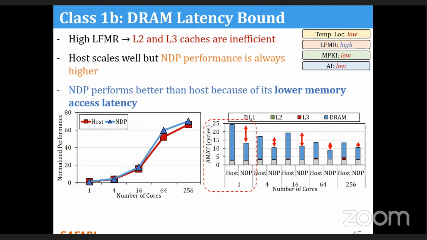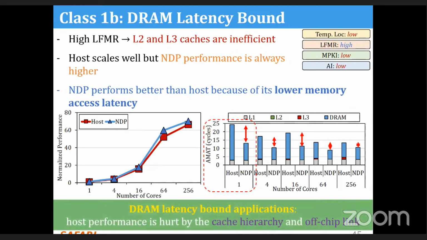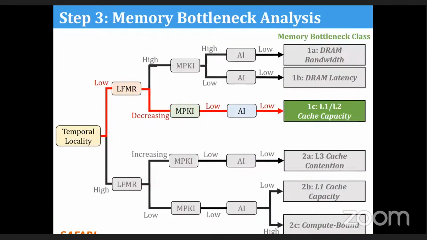And this has one reason: these workloads benefit from the fact that in NDP you have much shorter latency compared to the execution on the host. And this also happens consistently for all number of cores. And this is why these workloads are DRAM latency bound on the processor-centric architecture, and they also benefit from the execution on the PIM side.